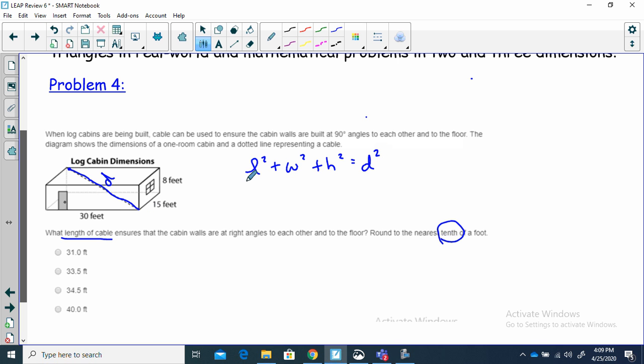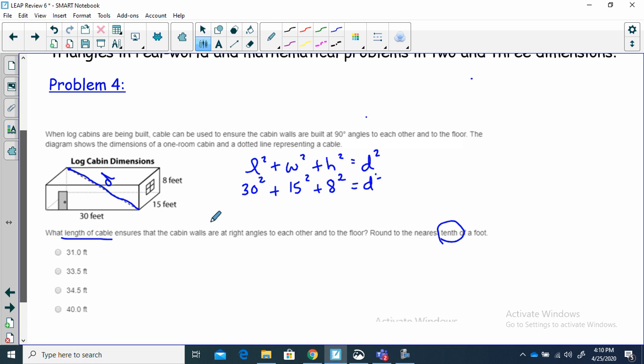Length is 30 feet, so we substitute 30 in place of the L. The width is 15 feet, so we substitute 15 in place of the W. The height is 8 feet, so we substitute 8 in place of the H. And we're looking for our diagonal squared.